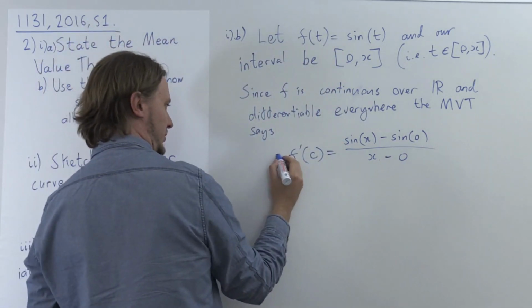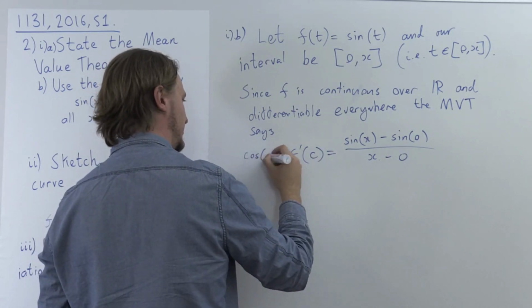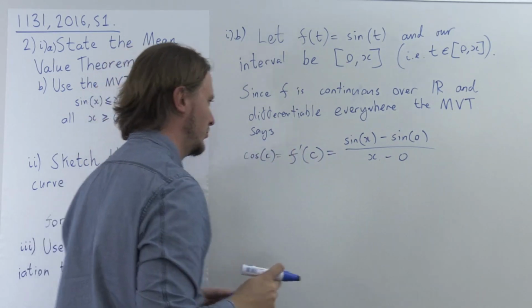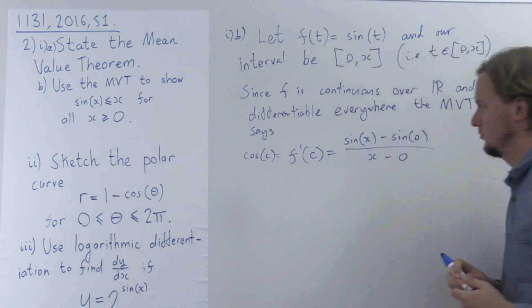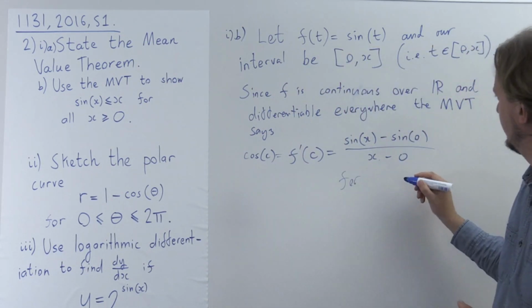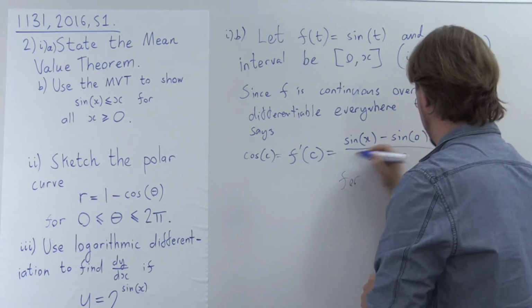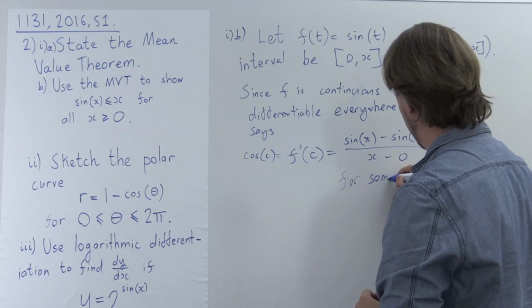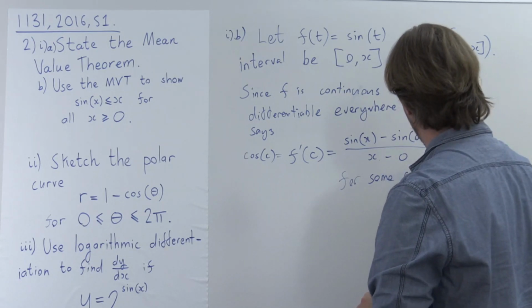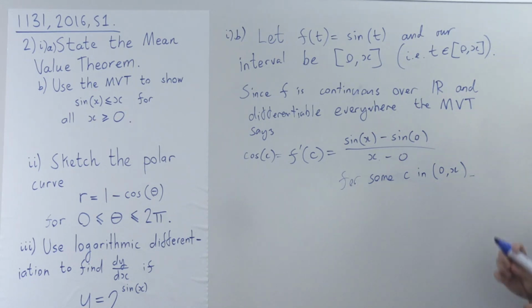I should have calculated this before, but the derivative of sine is just cosine. So we have that for some c in the interval 0 to x. That's what the mean value theorem is telling me.